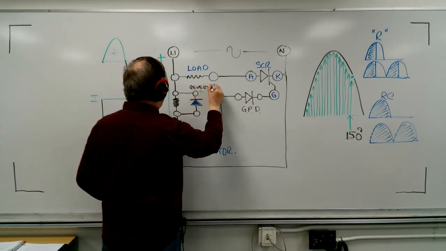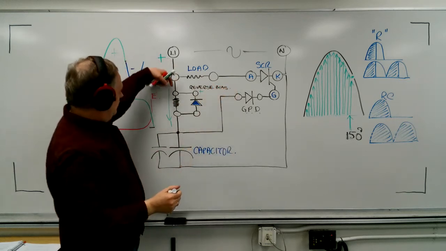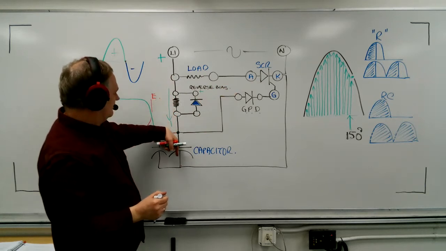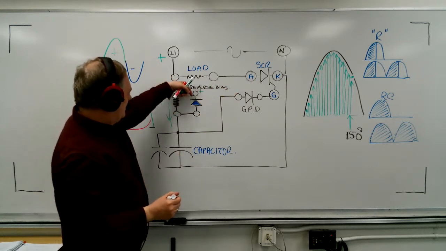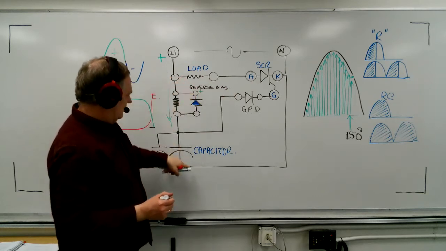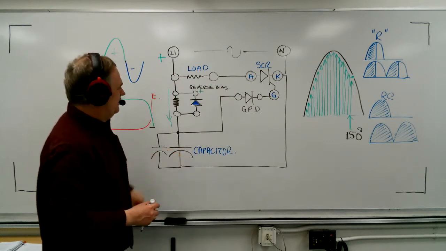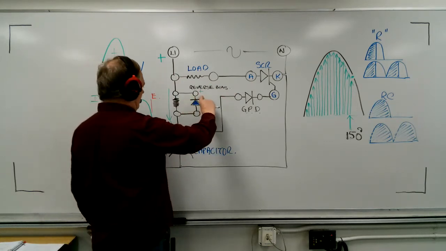It's installed reverse bias. And so that means that while current is coming in and charging the capacitor, this diode is blocking. Because if it wasn't, then it would be a short circuit, and the current would just go blowing in and probably blow the capacitor up. So we definitely need this to be reverse biased.